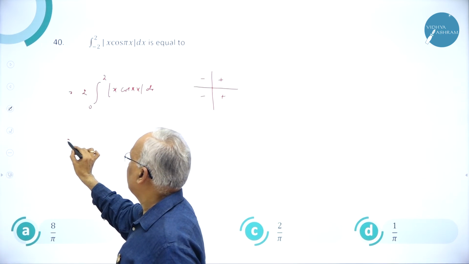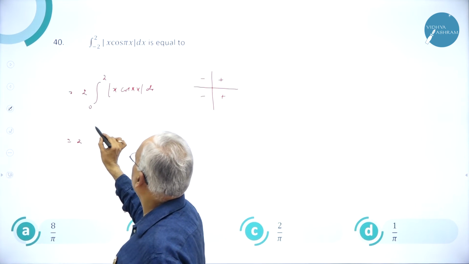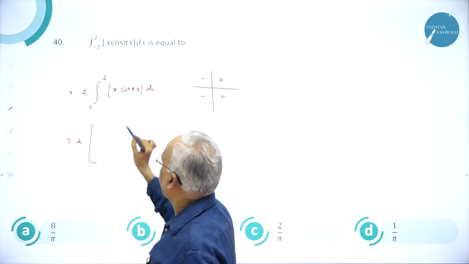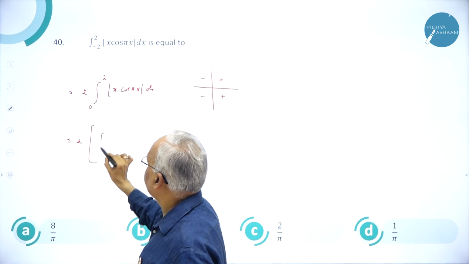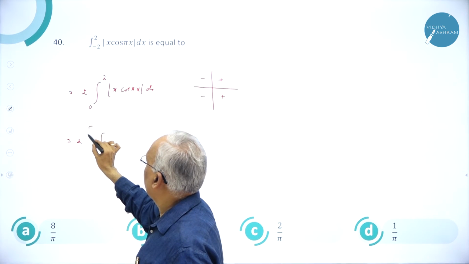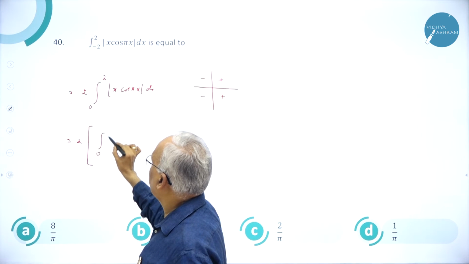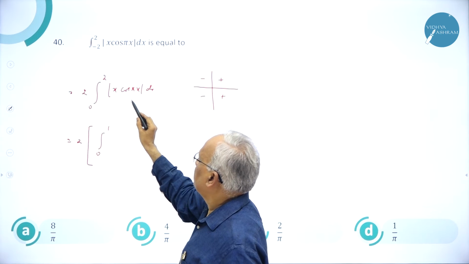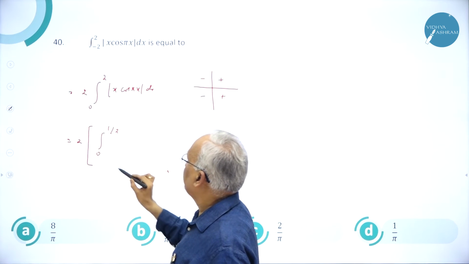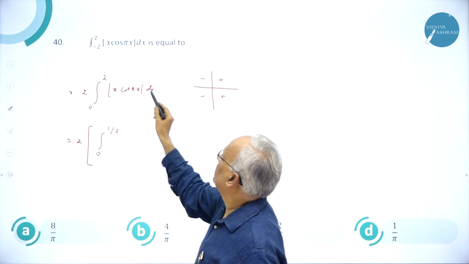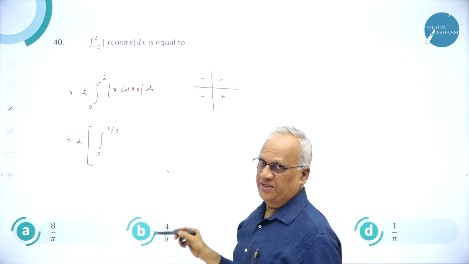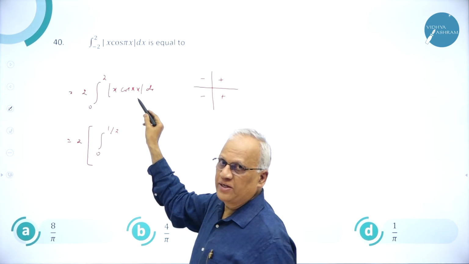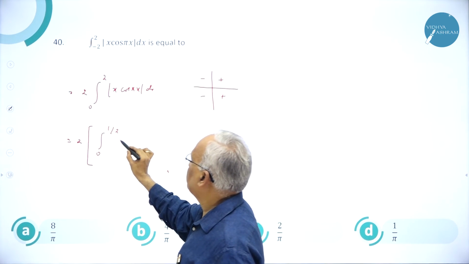This can be written as 2 times the integral from 0 to 1 by 2. You have to take 0 to half, because 0 to 1 means it becomes 0 to pi, so it may be positive or negative. But if you take half, then 0 to pi into half is pi by 2. It will be in the first quadrant. I can surely say it is positive.